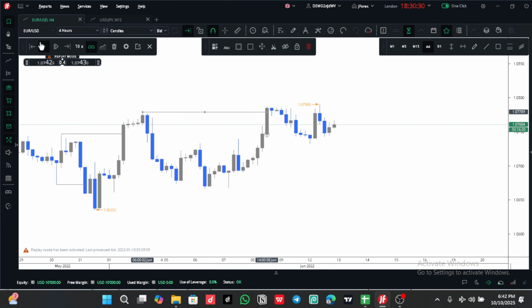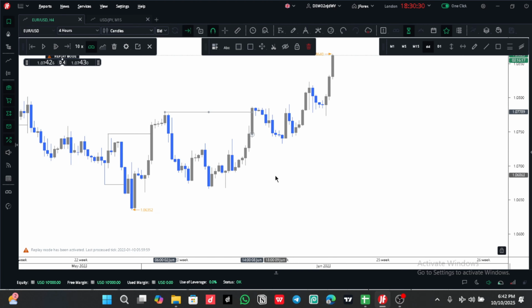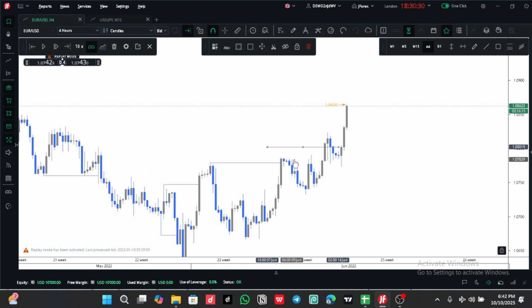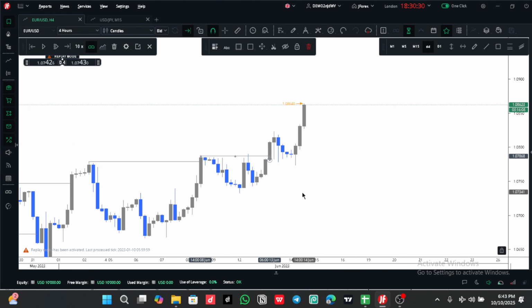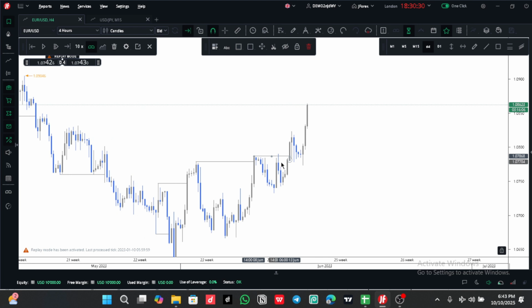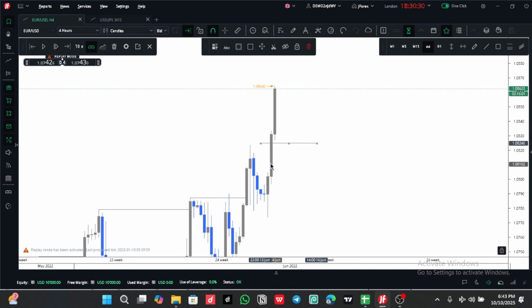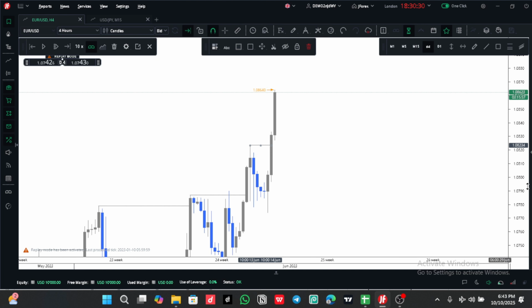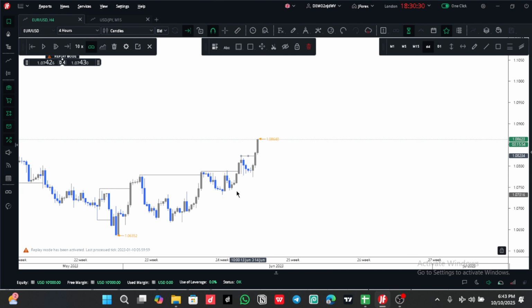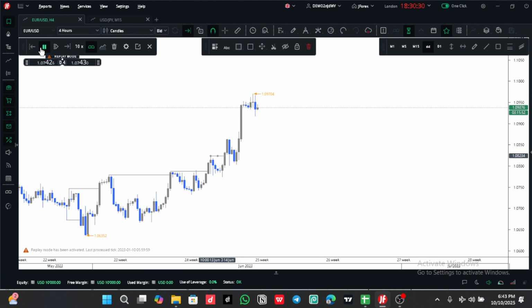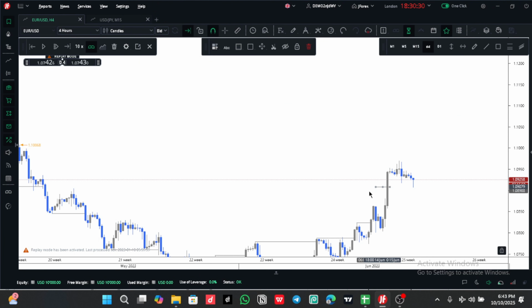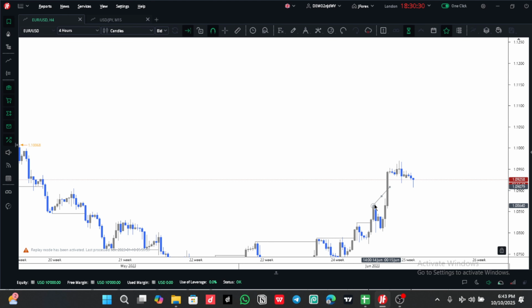You can see it. It broke with the body candle. Broke with the body candle. The market is becoming a little bit tight.